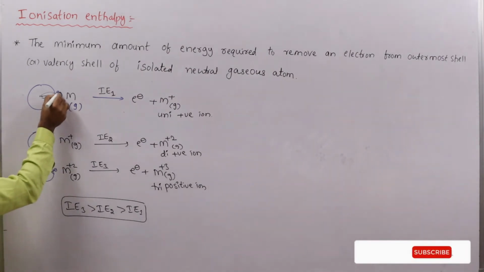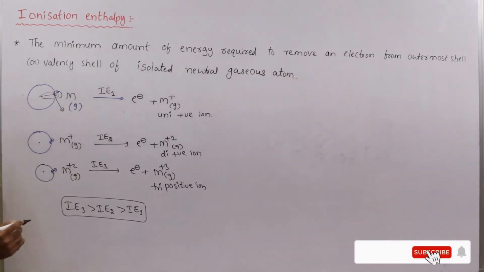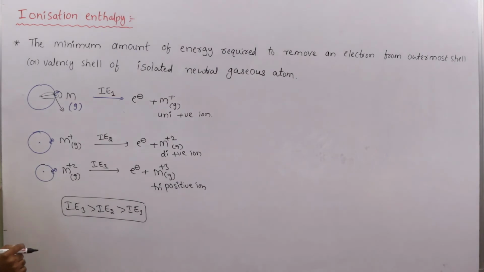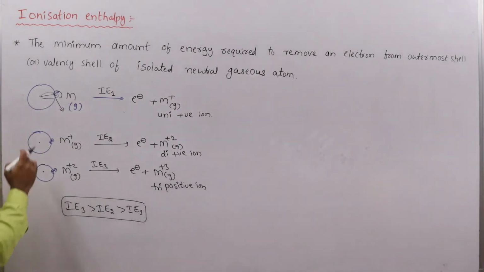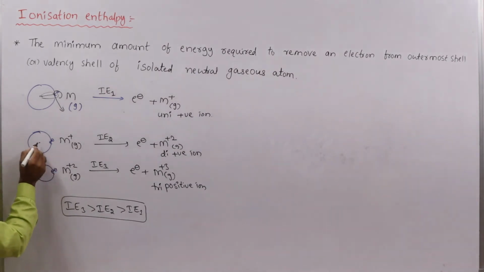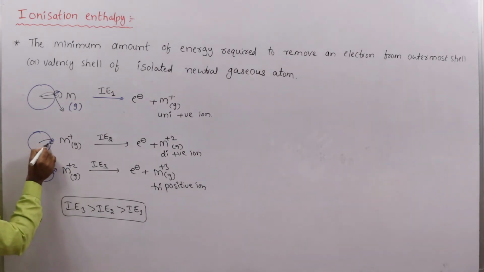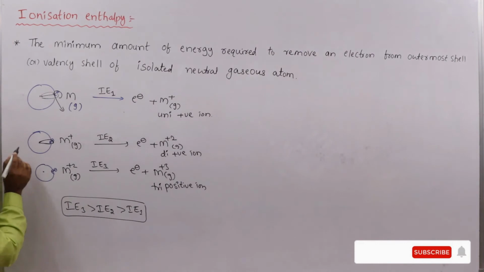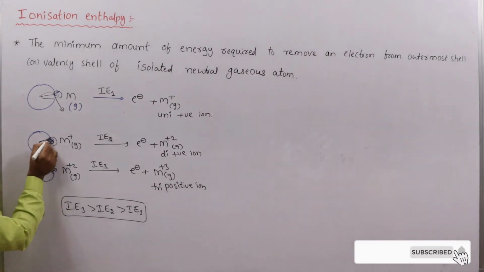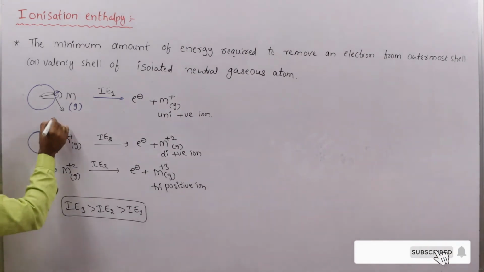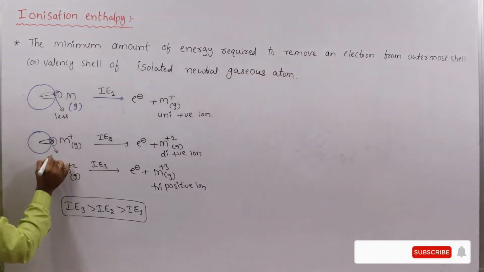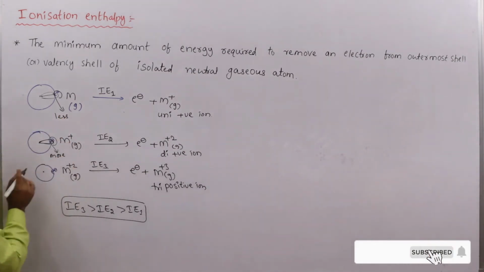That's why we can remove this electron using less energy. When size decreases, the nuclear attraction on the outermost electron increases. When the nuclear attraction increases, more energy is required to remove this electron.